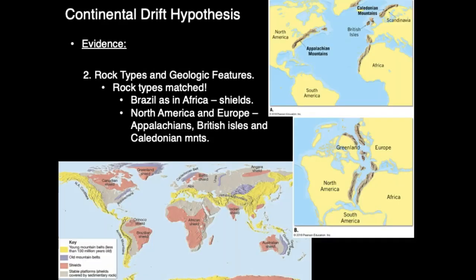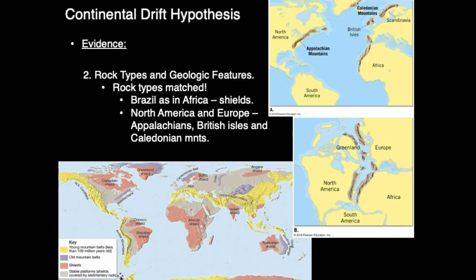A second line of evidence that Wegener proposed for this continental drift hypothesis was that rock types and geologic features matched. So he found out that if he placed the continents together, certain features such as mountain chains or shields matched. And this was not just the type of rock, but also the amount of deformation that these rocks had experienced.